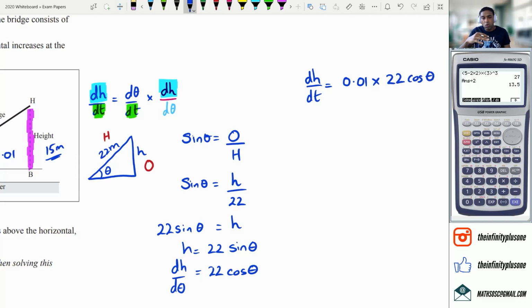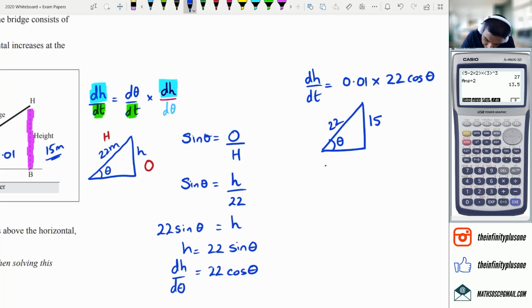But here's the thing. We don't know what theta is when the height is 15 meters. So we've got to figure out that theta first.